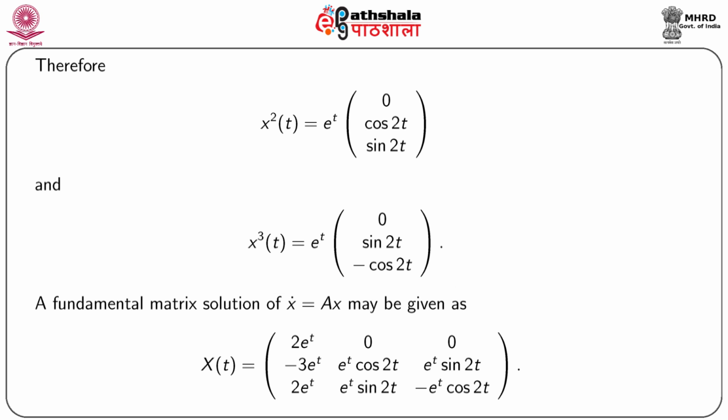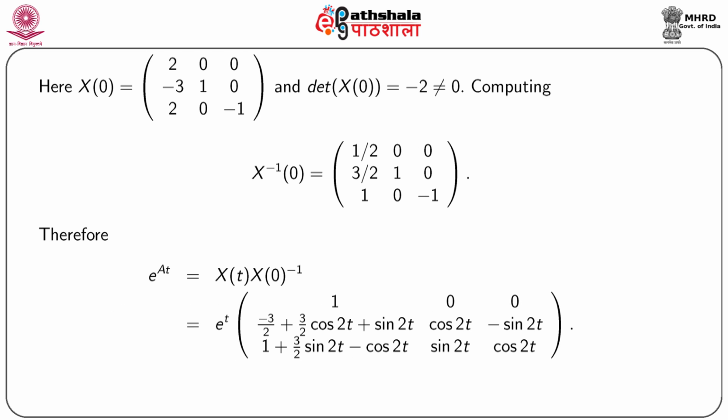And hence, a fundamental matrix solution of x dot equal to A x may be given as capital X(t) equal to the matrix with rows (2e^t, 0, 0), (-3e^t, e^t cos 2t, e^t sin 2t), (2e^t, e^t sin 2t, -e^t cos 2t). Here X(0) is equal to the matrix (2, 0, 0), (-3, 1, 0), (2, 0, -1).